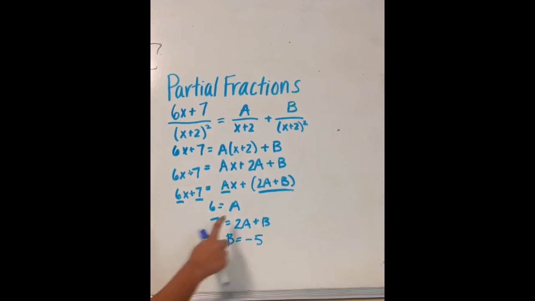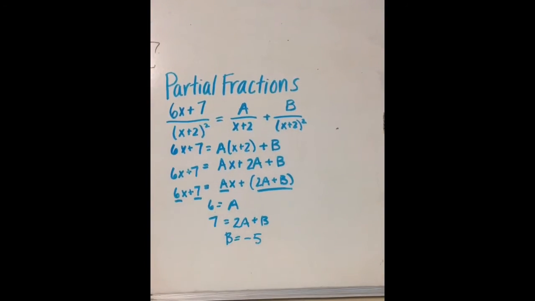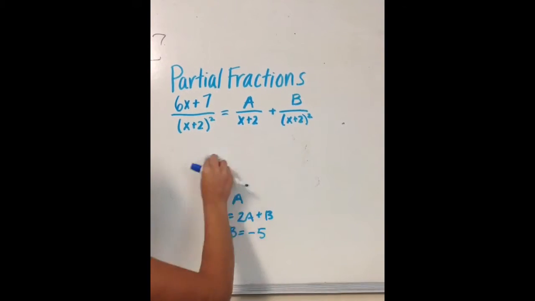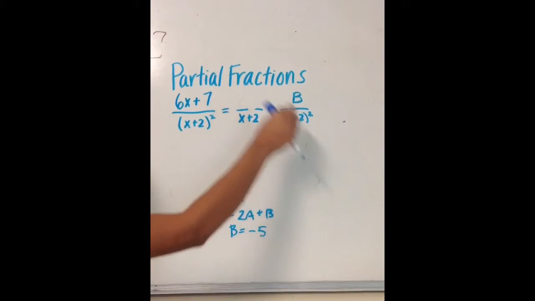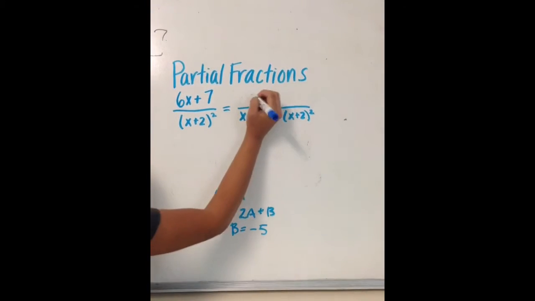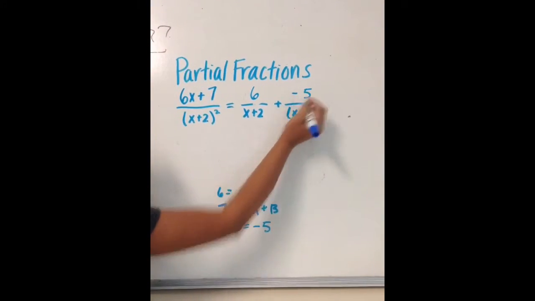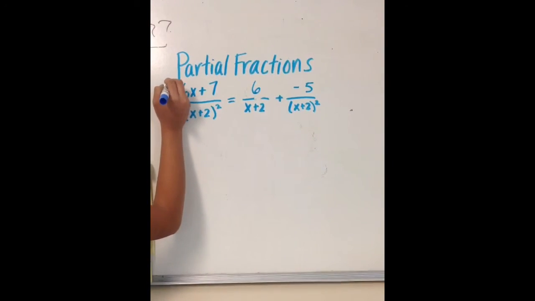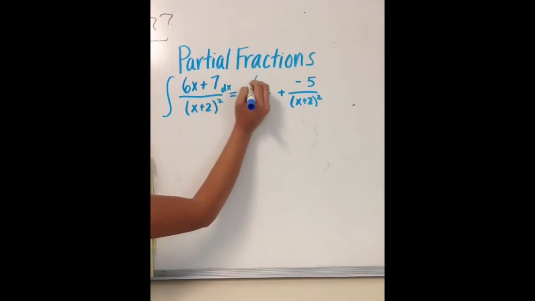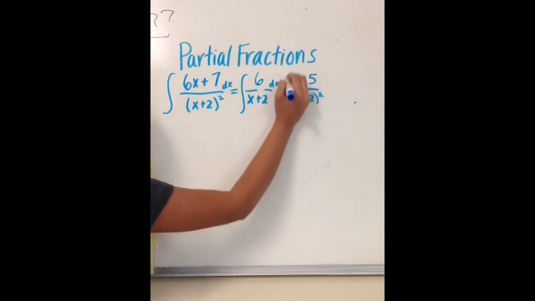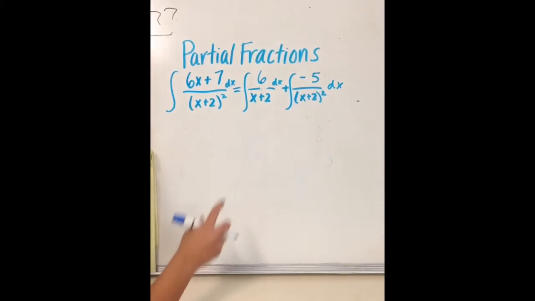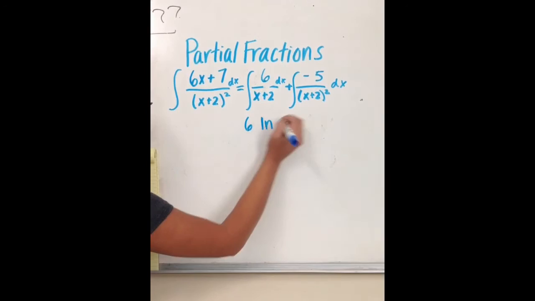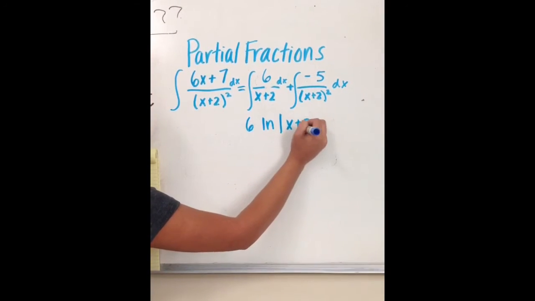Okay, so we're going to replace A and B back to here, so let me erase all this. A is 6, B is negative 5. So we're trying to find this integral, so we could make all these integrals. Now we could take out 6 because it's a constant, so it'll be 6 ln of the absolute value of x plus 2.